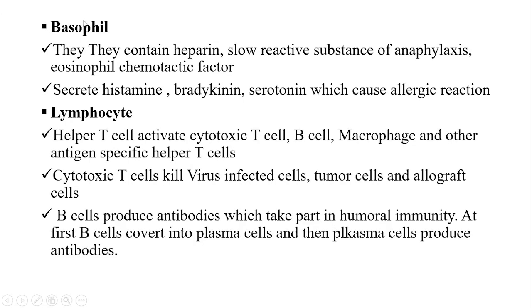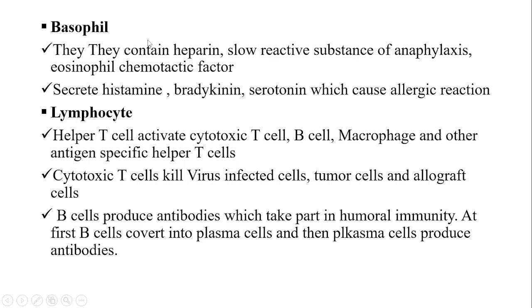Now come to basophil. They contain heparin, a natural anticoagulant, and slow reactive substance of anaphylaxis, which is responsible for various allergic reactions, and eosinophil chemotactic factors. So basophil is the cell which actually helps in allergy, and eosinophil is the cell which helps to reduce the allergy.